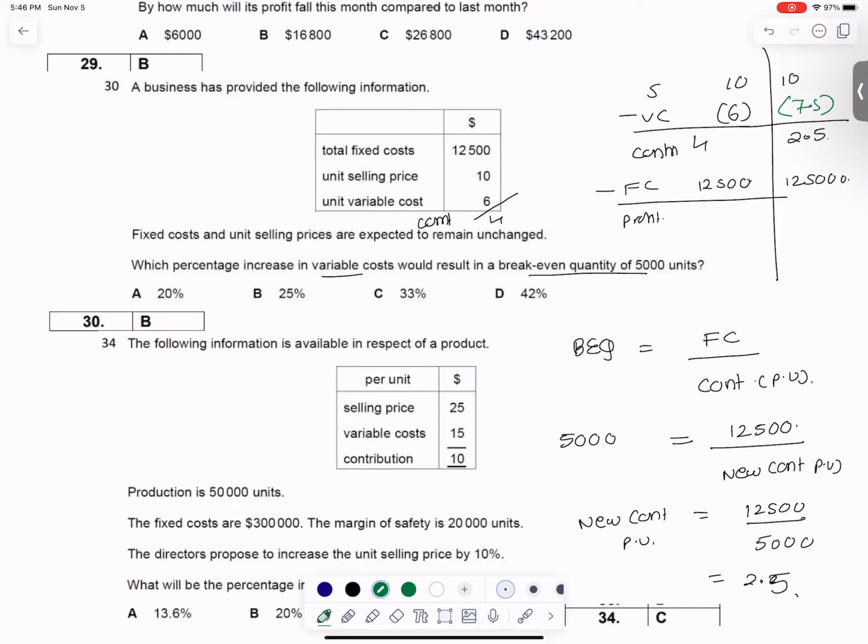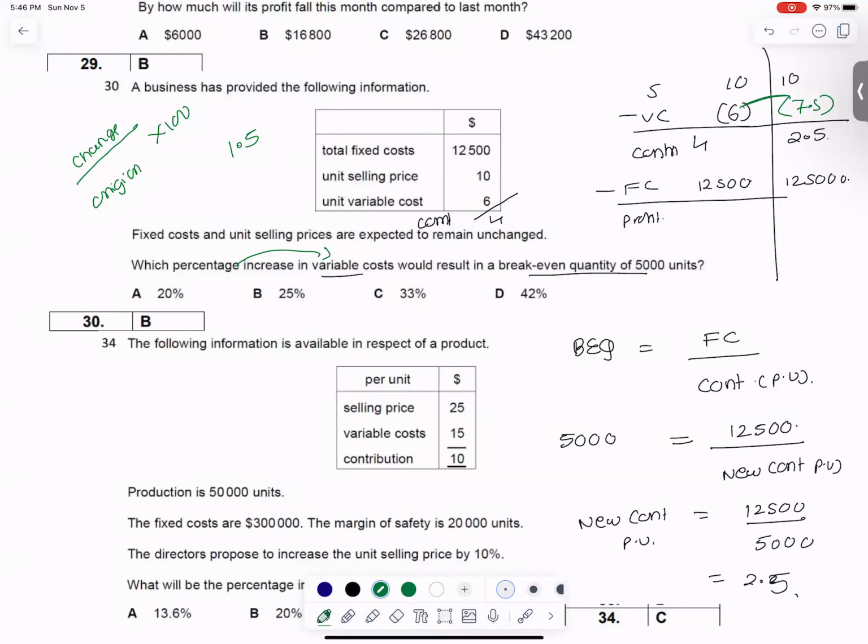So they want to know the percentage increase in variable cost. How do you get the percentage increase? Change upon original into 100. So what is the change in the variable cost? 1.5.